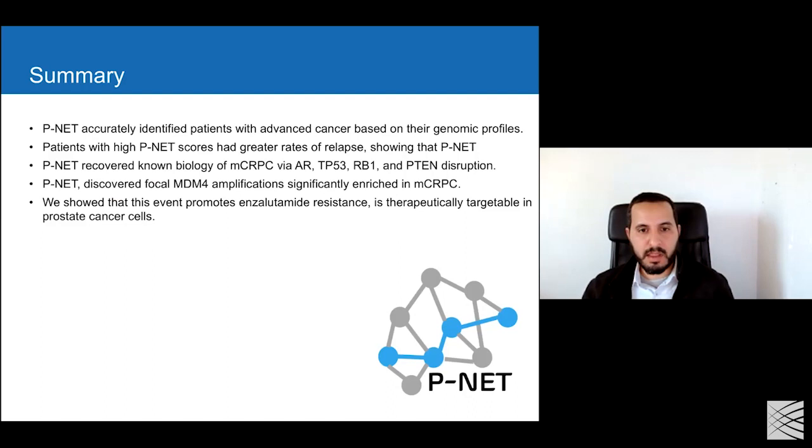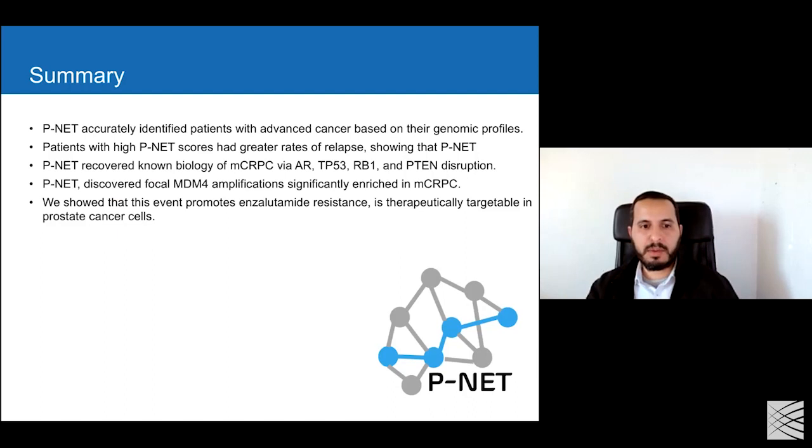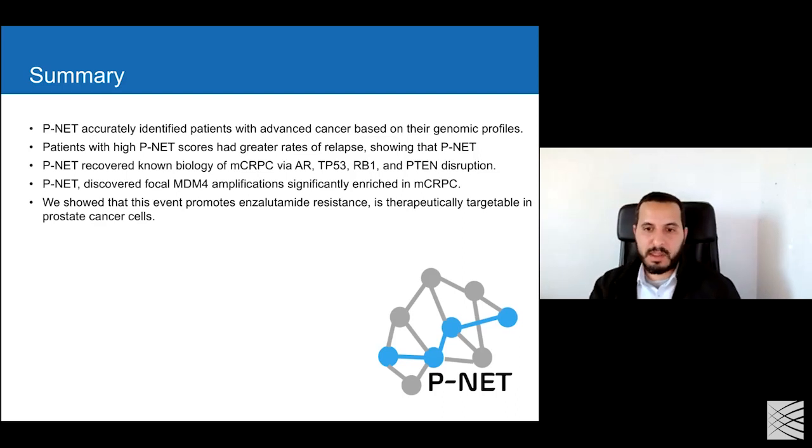We found that some of these patients with high PNet scores had a higher probability of developing biochemical recurrence after a while. And we found that PNet discovered known biology about prostate cancer progression and also nominated a new targetable gene that we were able to validate experimentally in cancer cell lines until now.